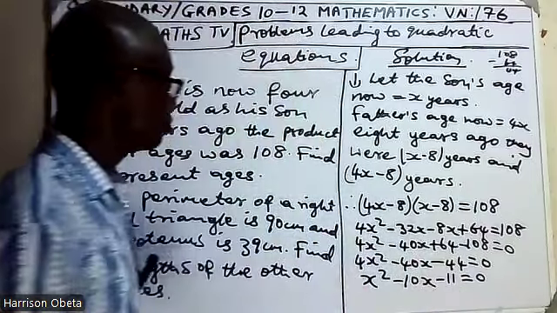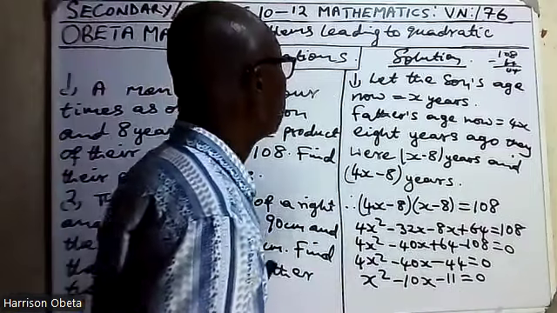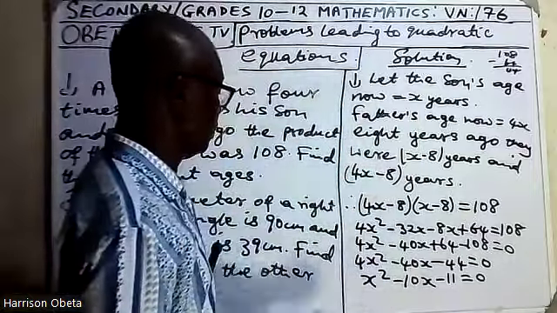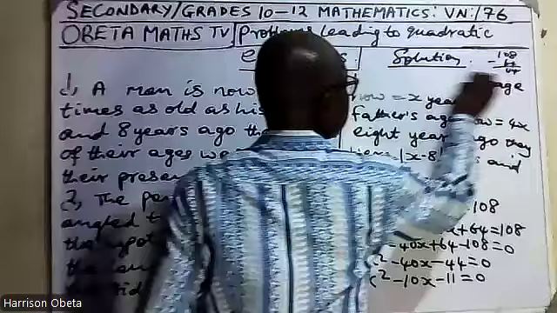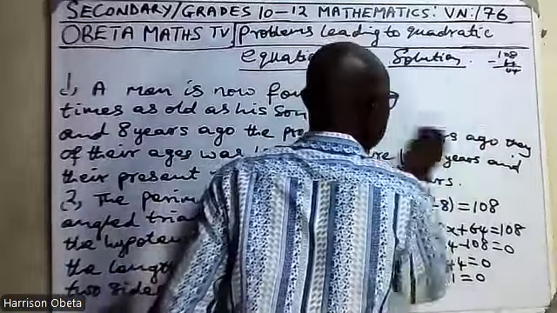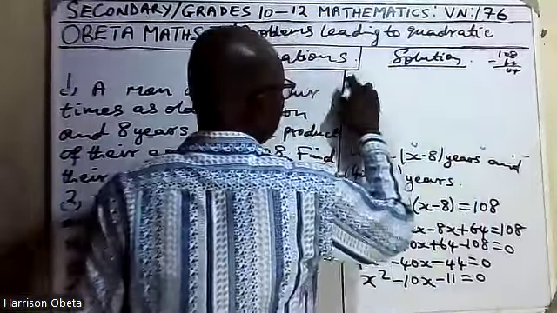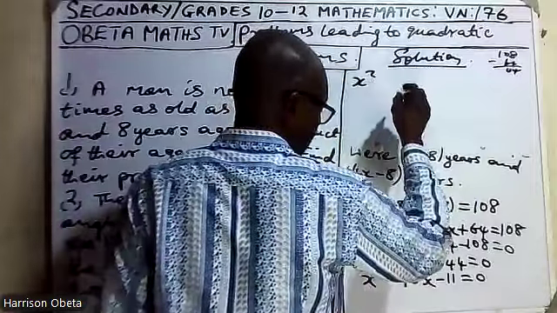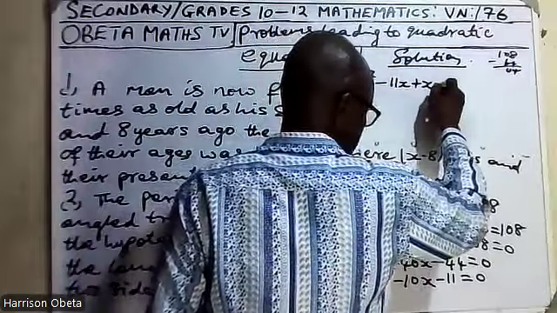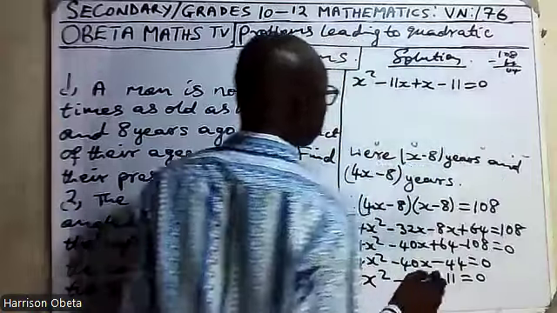And that will give us minus 11 and plus 1. We'll now break this down to involve that. That means x squared minus 11x plus x minus 11 is equal to 0.